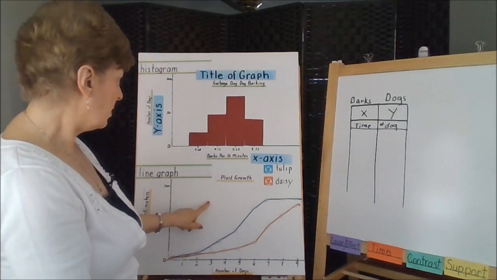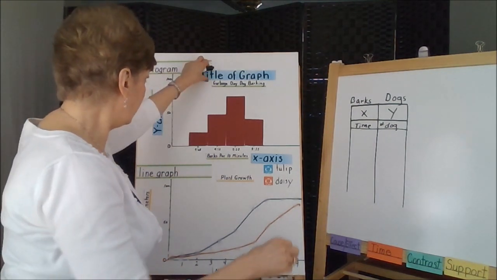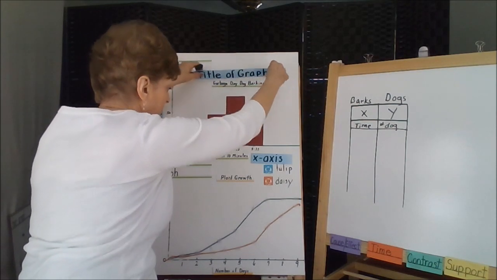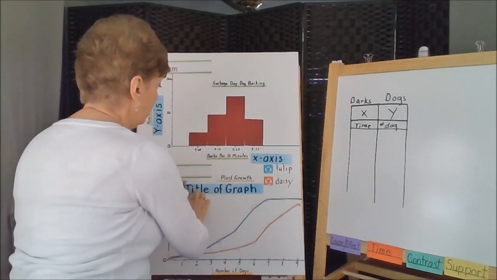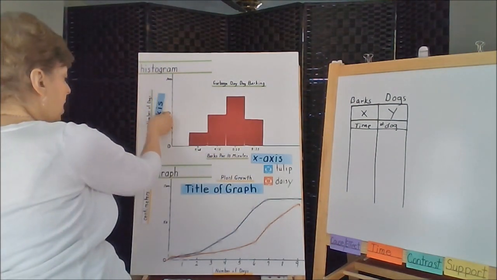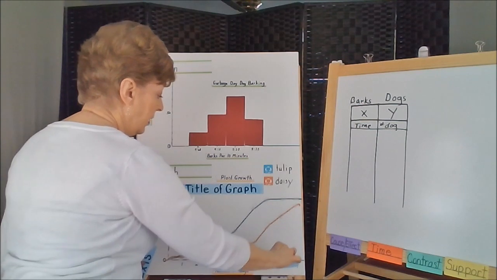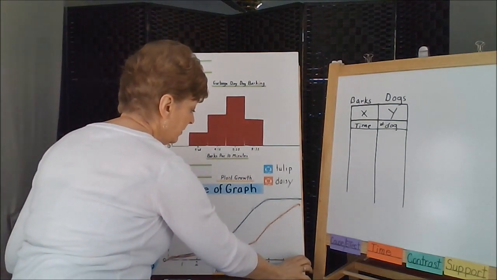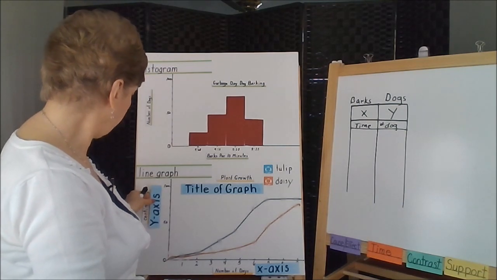In our bottom chart, the title of this graph would be Plant Growth. And our x and y axes are the number of days and centimeters.